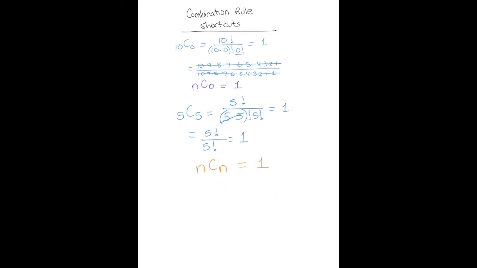Last shortcut rule, and that is trying this, 5 combination 4. So 5 combination 4, we have 5 factorial over 5 minus 4 factorial times 4 factorial. Well, let's work this out. So we have 5, 4, 3, 2, 1 in the numerator.